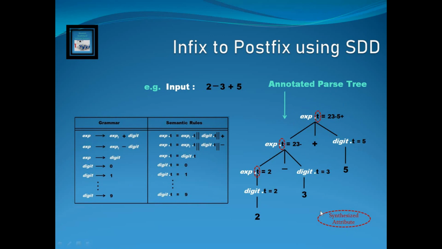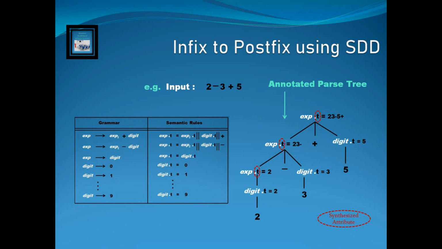You can judge that this t and this t are synthesized attributes because their values cannot be computed unless you compute the values of their children. So this is the concept of applying syntax directed definition in order to get some output from an input.